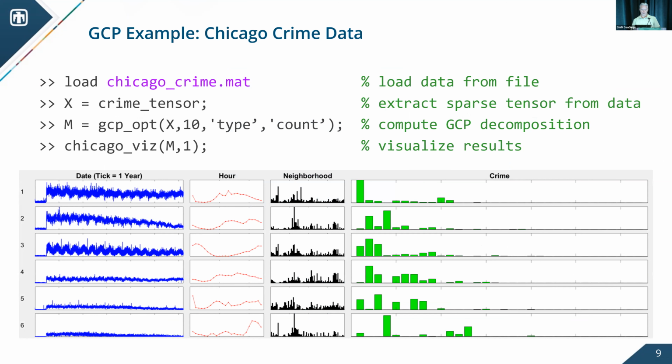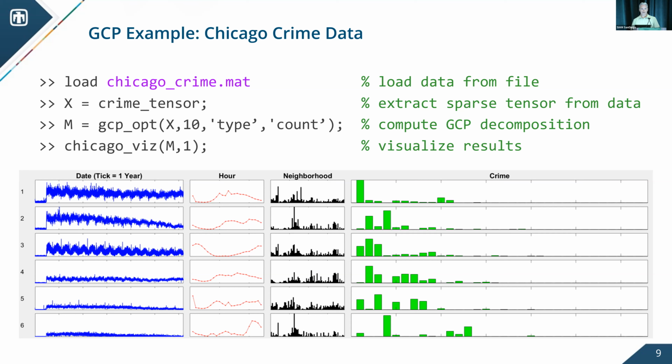So this shows you how you can do this for the Chicago crime data, and you can start to analyze this data this way. Now, this is the typical way that you would start with the output of a CP model, but with this data, we have a lot more information. There's geolocation associated with the neighborhoods, the areas of Chicago in which these crimes are taking place. That's the neighborhood information in the 3rd column here.